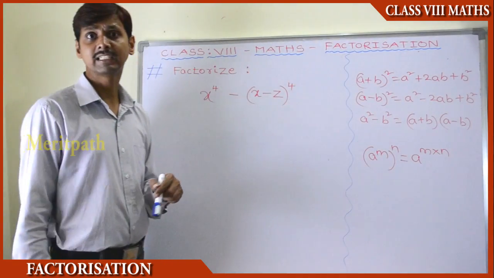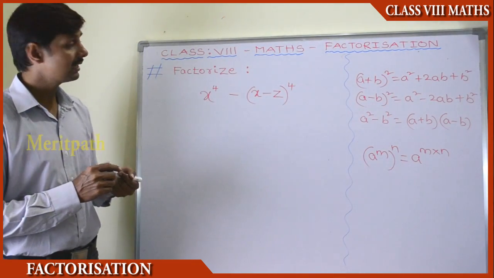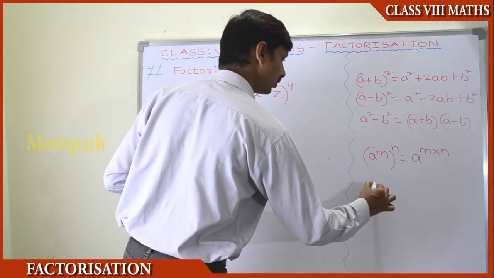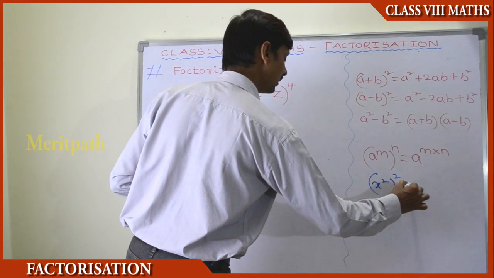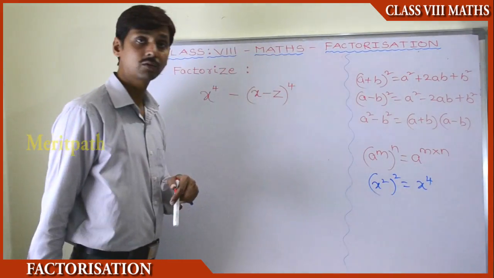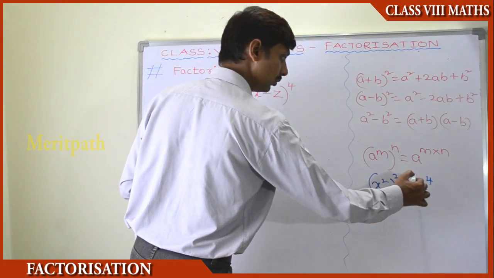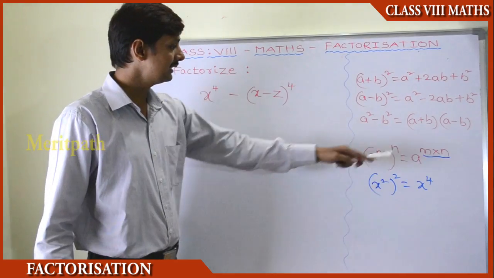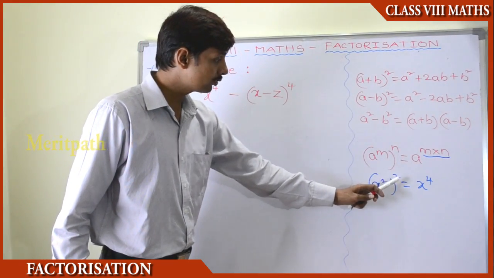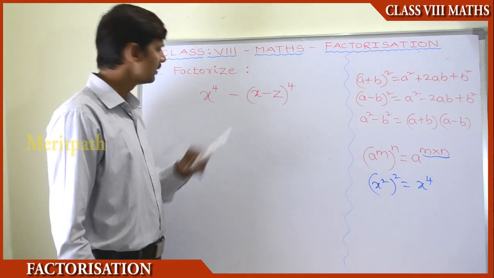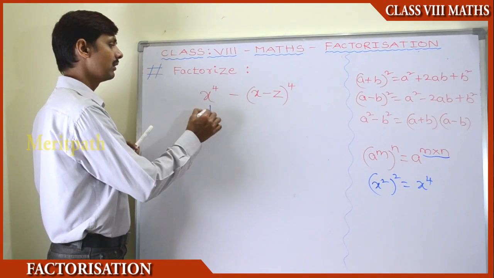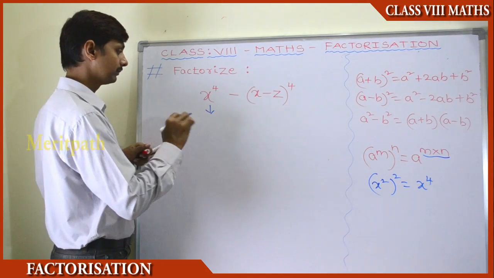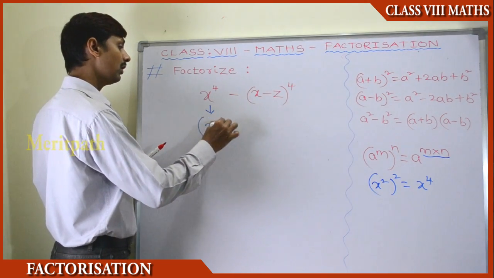So x to the power of 4 can be written as x square into x square, that is, (x to the power of 2) whole to the power of 2, that is x to the power of 4. We multiplied 2 and 2 as in the identity m into n, and we got x power 4. Similarly, x to the power of 4 can be written as (x to the power of 2) whole to the power of 2.